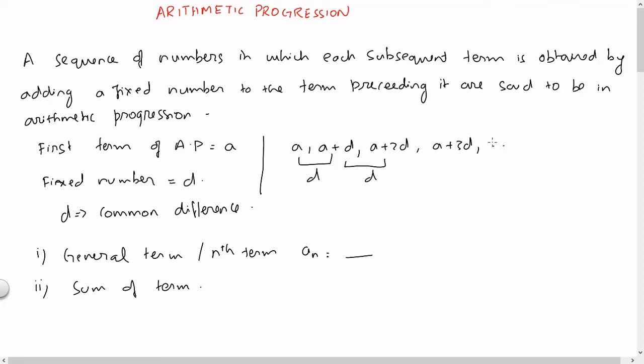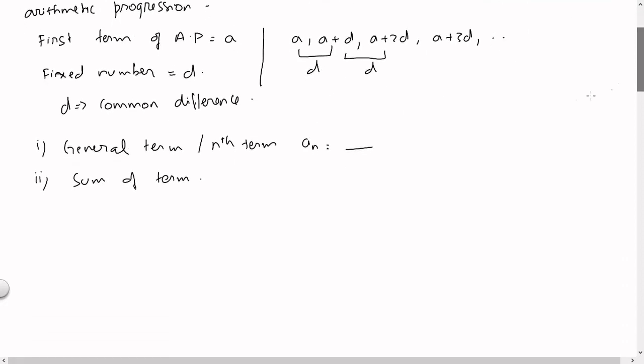We have already listed the elements of an arithmetic progression. Let us do that once again. The terms of arithmetic progression, we have listed them as A, A plus D, A plus 2D, A plus 3D, and so on. Now you can see that the first term is A, the second term is A plus D, the third term is A plus 2D, fourth term is A plus 3D.